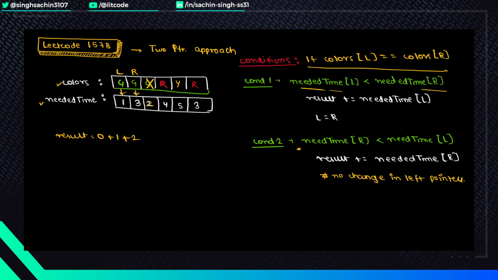In this case, I'll add 1 to my result, and will update my L pointer and shift my R pointer, just like what we were doing when we didn't have the same color on both indexes. So this is the approach which we are going to follow.